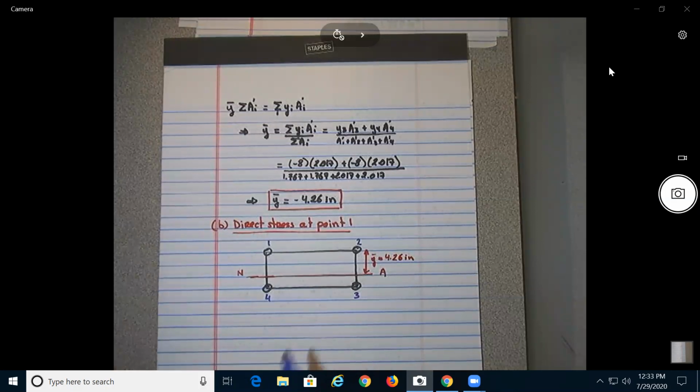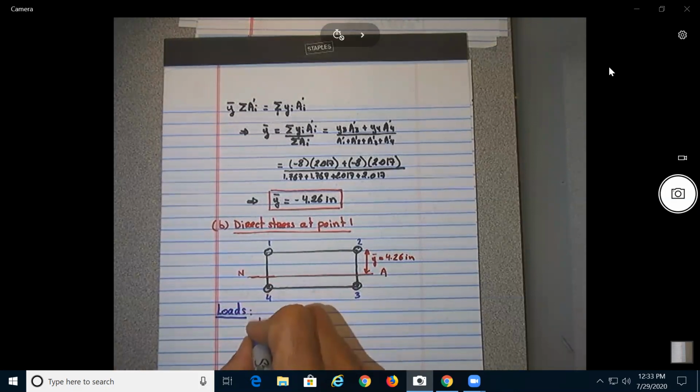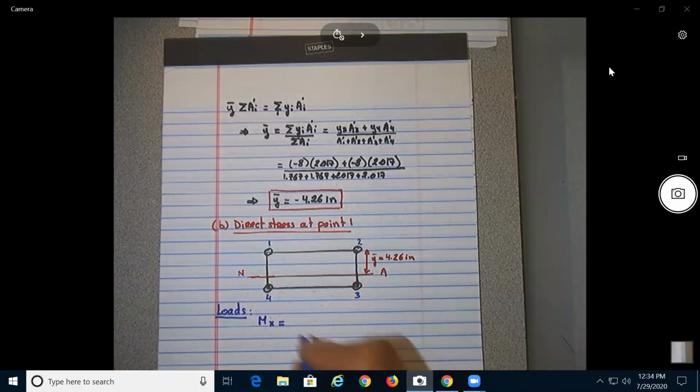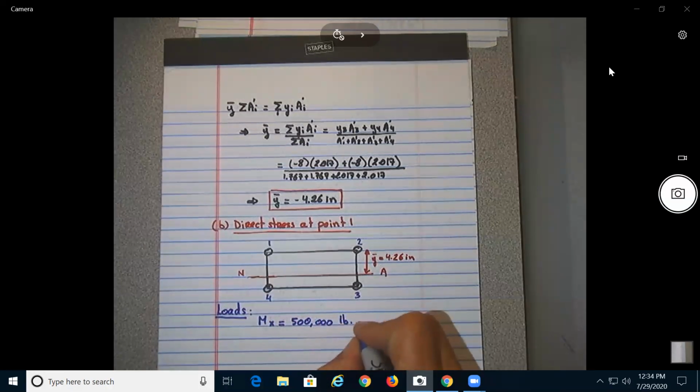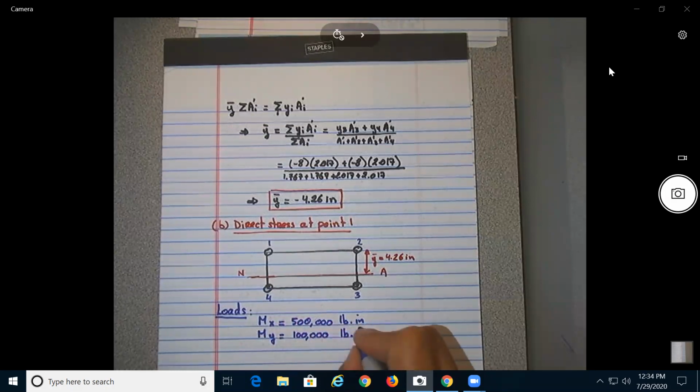Okay, so from the problem statement, we know the loads. We know that mx is equal to, it was, okay, 500,000 pound-inches, and that my is equal to 100,000 pound-inches.